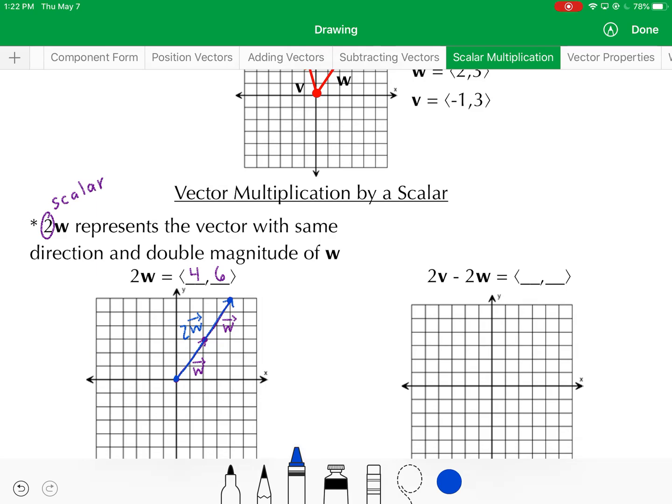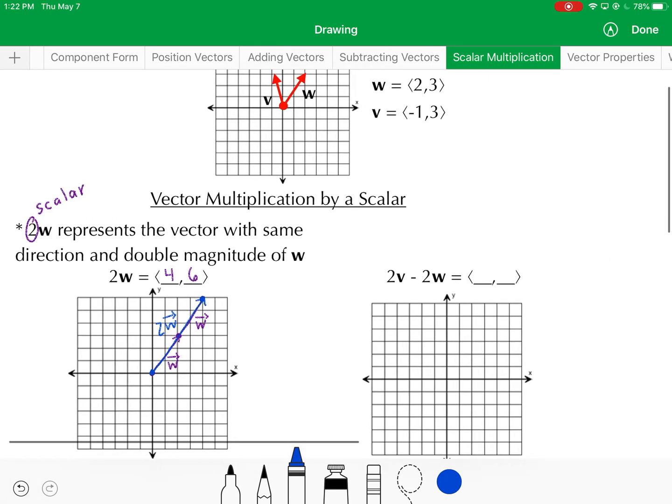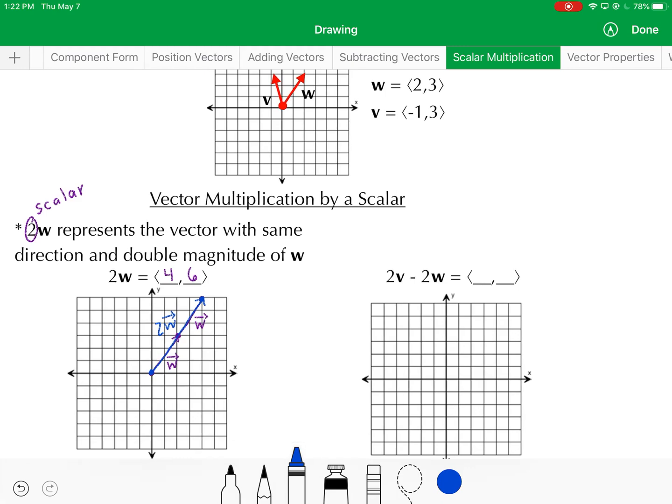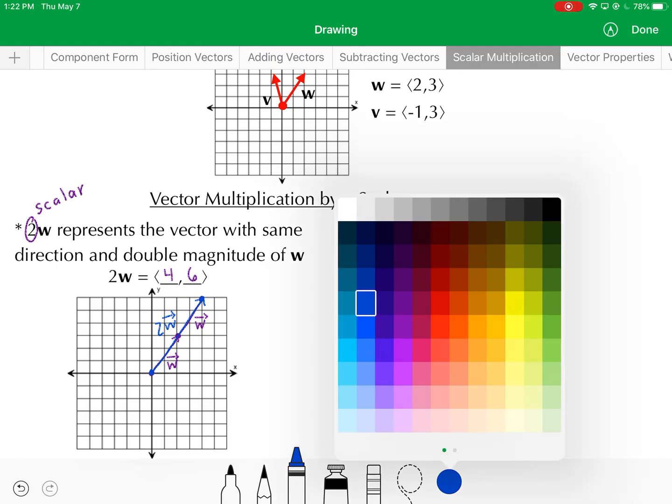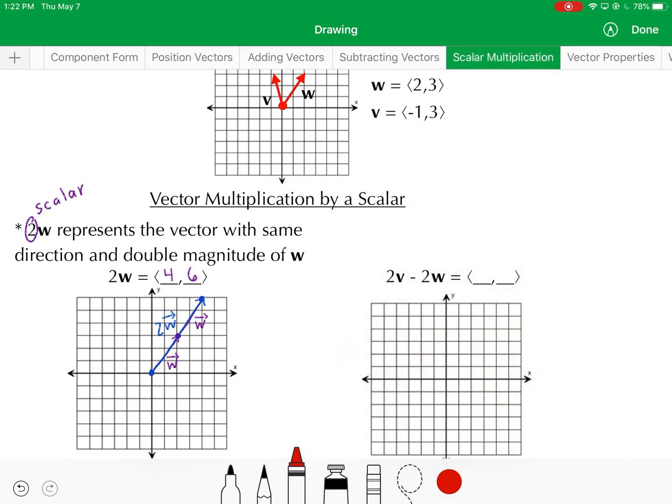Okay? So now let's kind of put it all together here. Let's say we want to find 2 times vector v subtracted by 2 times vector w. Okay? All we need to do is draw out 2 vector v's. So I'm going to start in red this time.